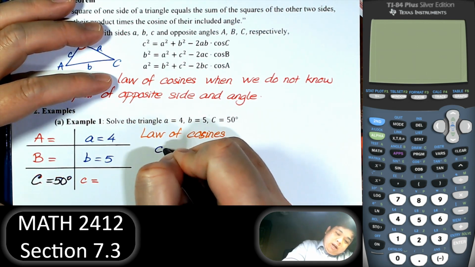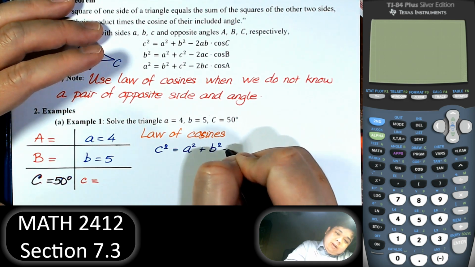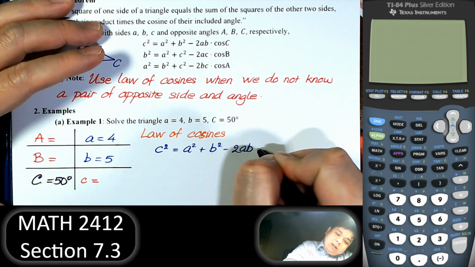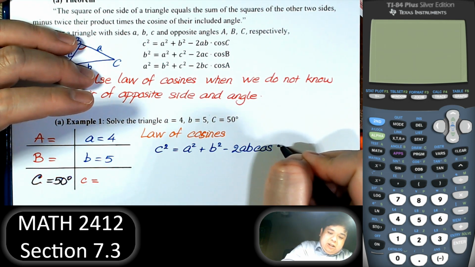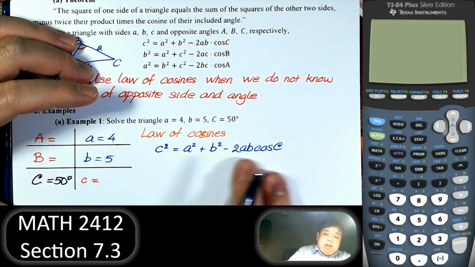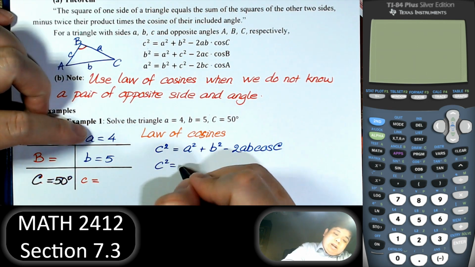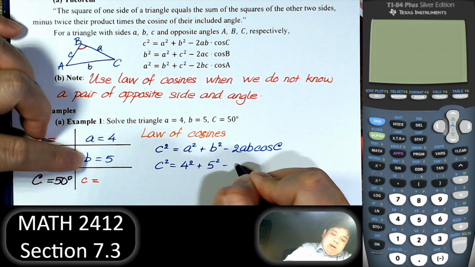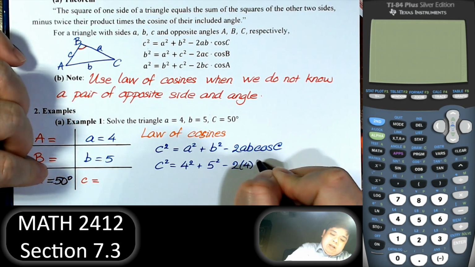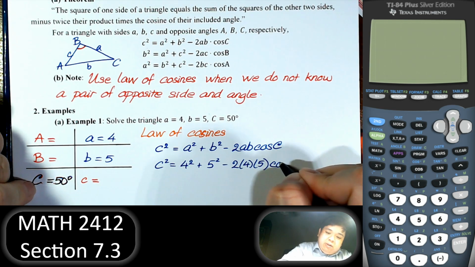So we have c squared equal to a squared plus b squared minus 2ab cosine of C. Right, we know everything on the right hand side. So we have c squared equal to a squared plus b squared minus 2ab cosine of 50 degrees.